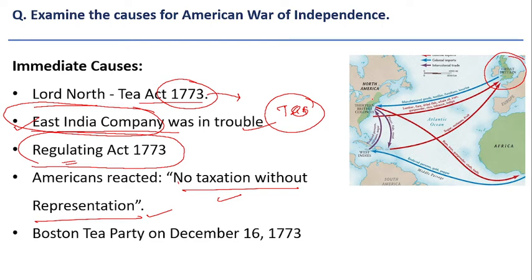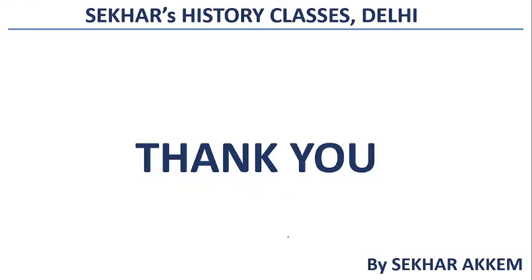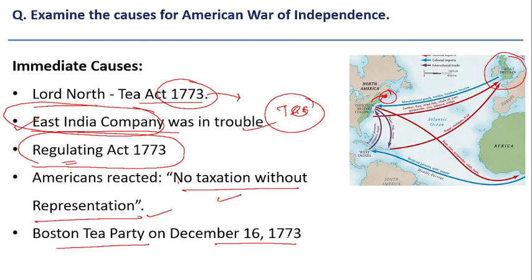Now when there were tea bags in a port called Boston, the American colonists went there and completely destroyed the tea bags. This is called the Boston Tea Party in American history. This took place in 1773. So this was the immediate cause, and from there in 1776 they declared independence, took up arms, and continuously fought till 1783.